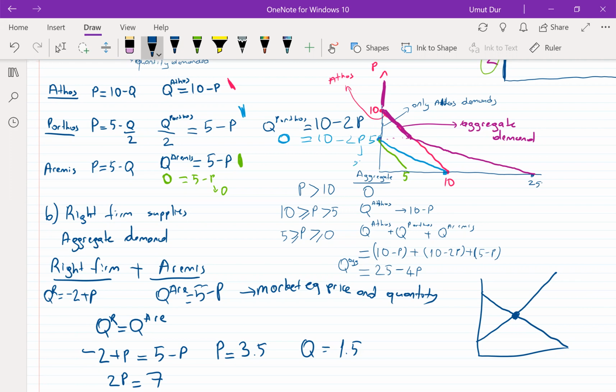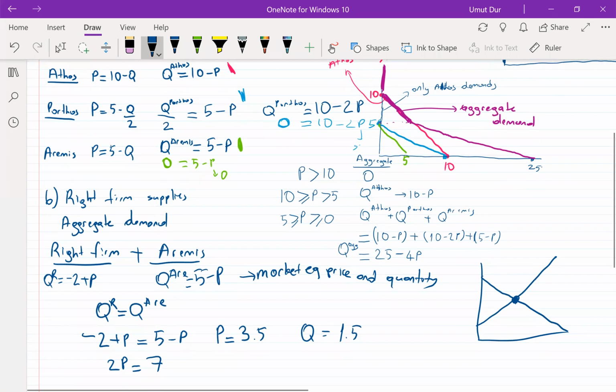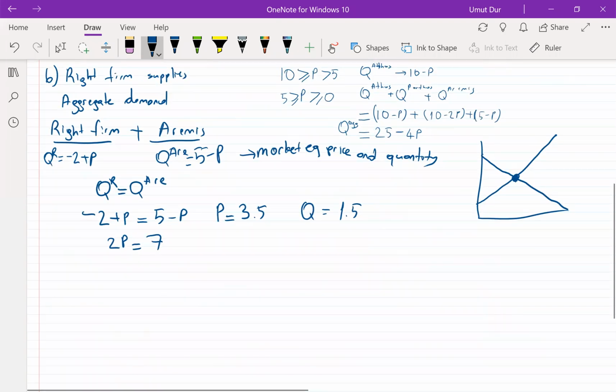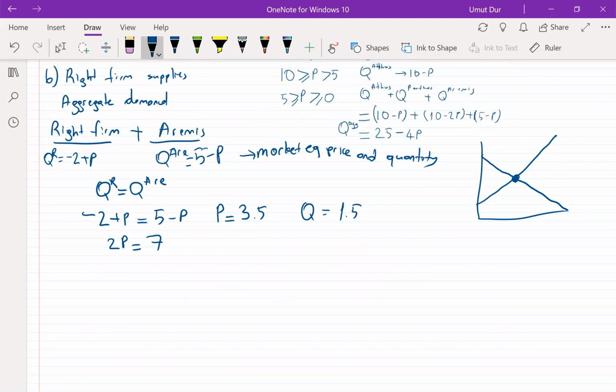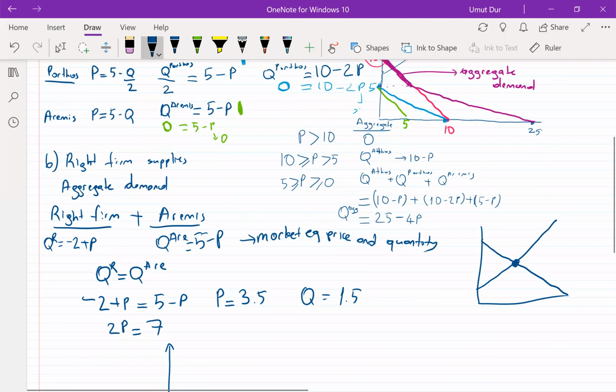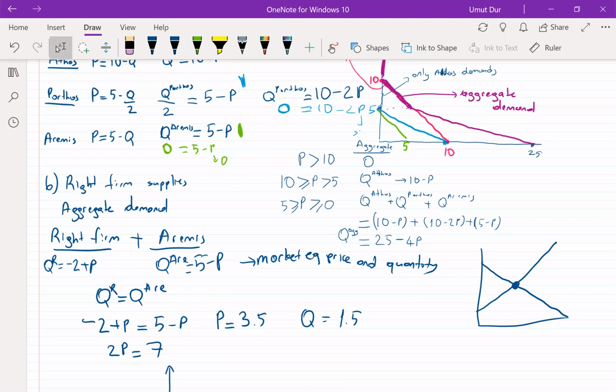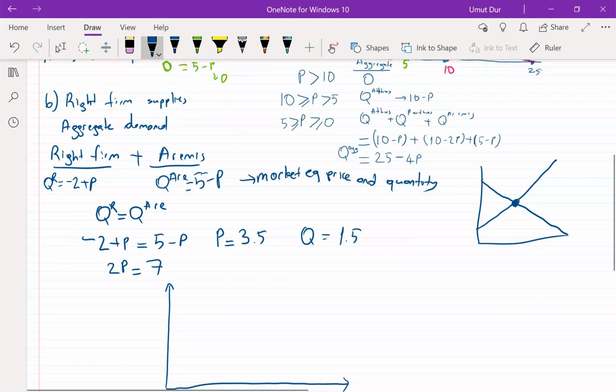Now let's turn back to our question. We are given the aggregate demand. What was the aggregate demand curve? Basically it starts from 10 to 5, there is a kink, and it becomes flatter.